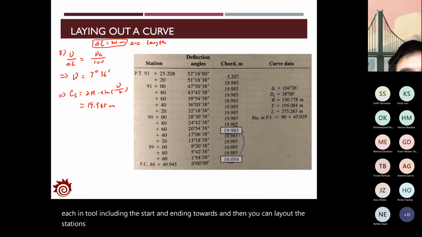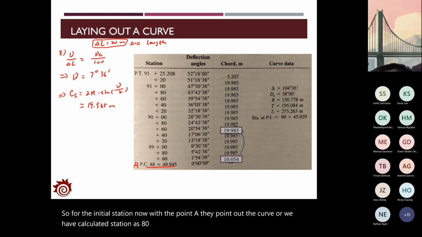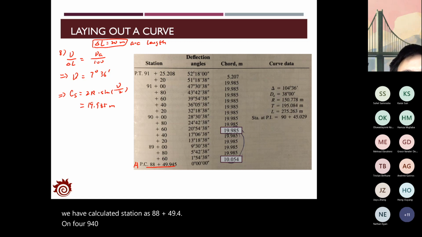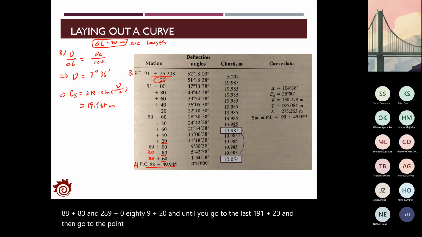In this table, we'll summarize what we have already found. For the initial station, that will be the point A, the point of the curve. We have calculated the station as 88 plus 49.45, and then you have the stations 88 plus 60, 88 plus 80, 89 plus 0, 89 plus 20, and until you go to the last one, 91 plus 20, and then go to the point B, 91 plus 25.